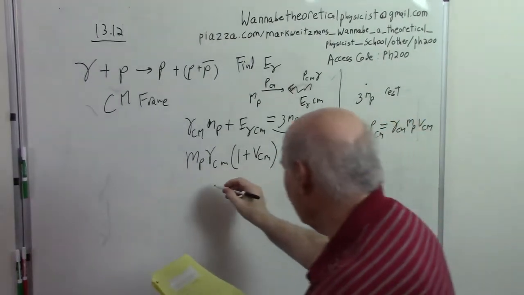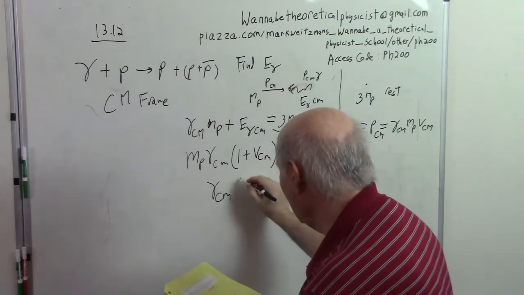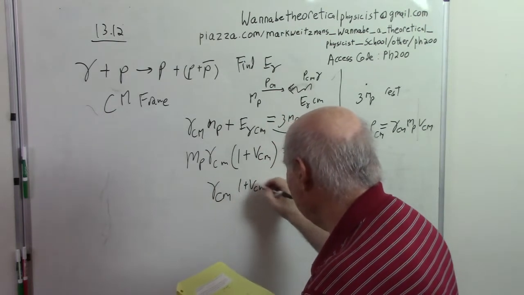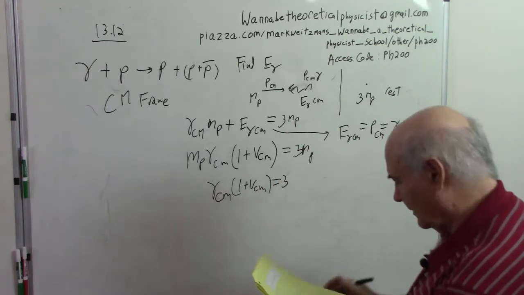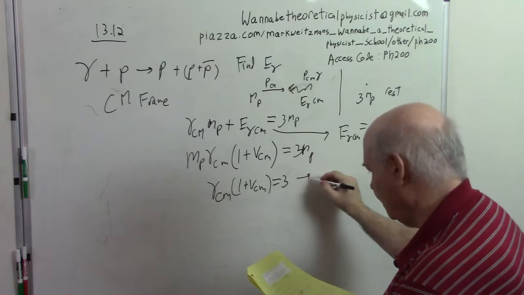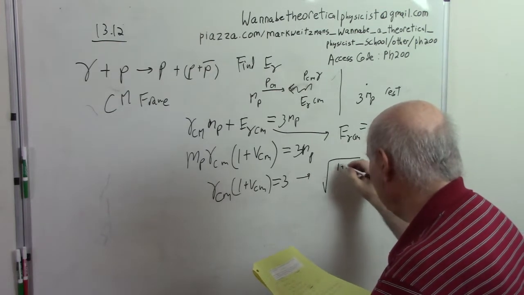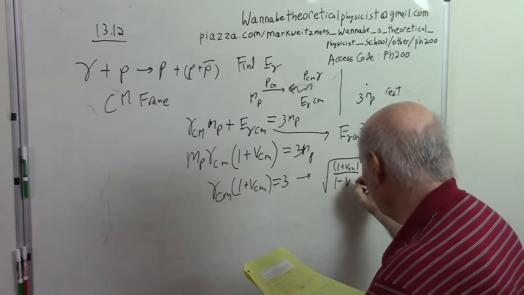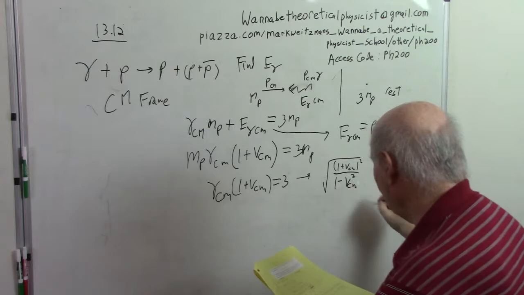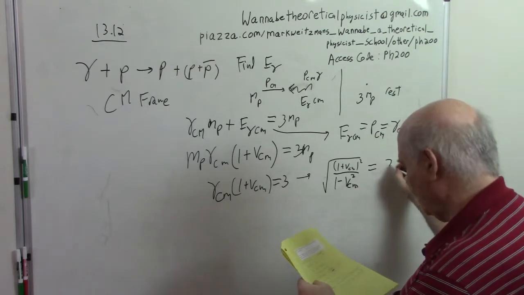And then I'm left with, after I cancel some things, gamma CM times (1 plus VCM) equals 3. This implies the square root of (1 plus VCM) squared divided by (1 minus VCM squared) equals 3.